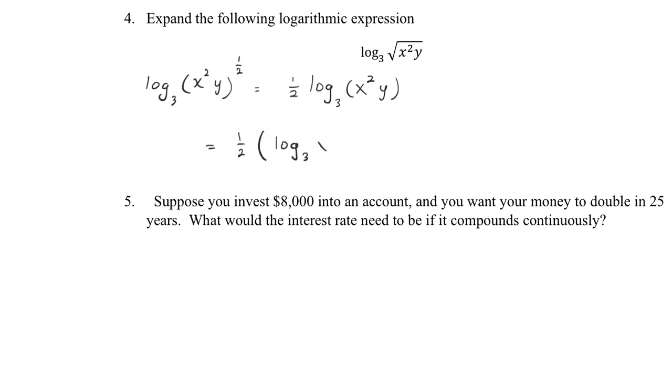So this is log base 3 of x squared plus log base 3 of y. Now you'll be sure to distribute the 1/2. So I'm going to go ahead and distribute this 1/2. So this is 1/2 log base 3 of x squared plus 1/2 log base 3 of y.